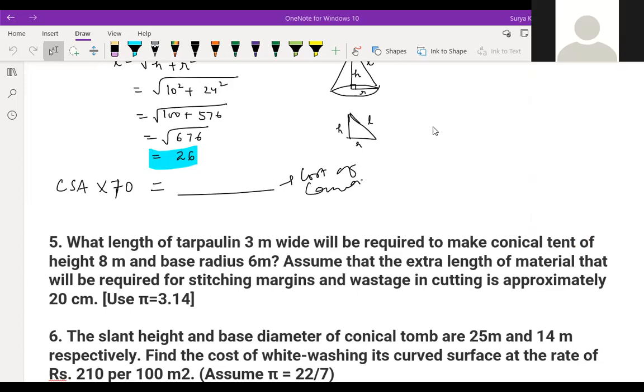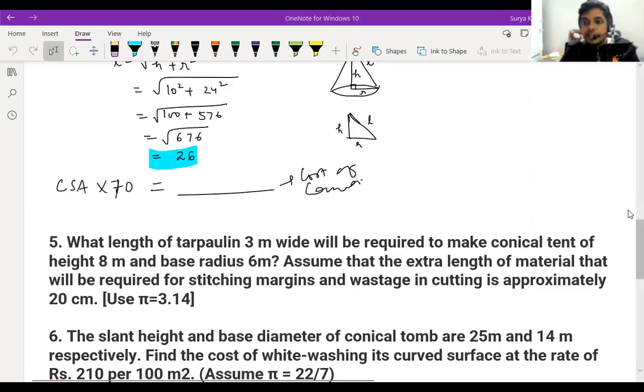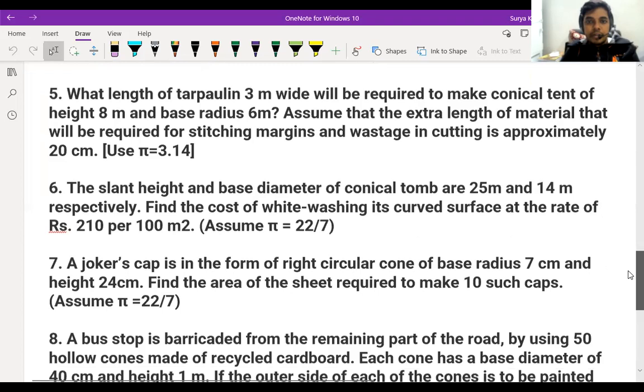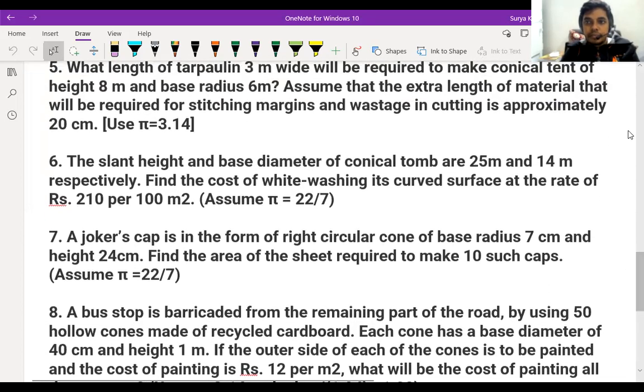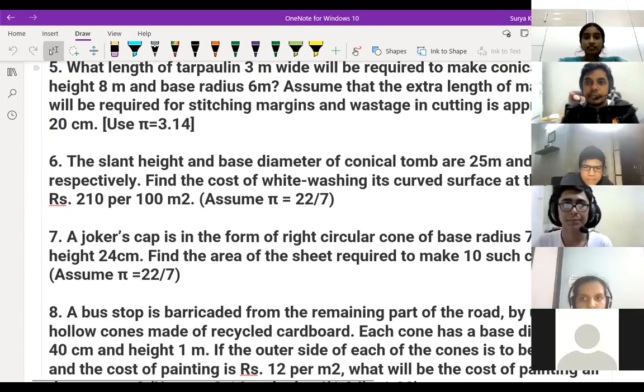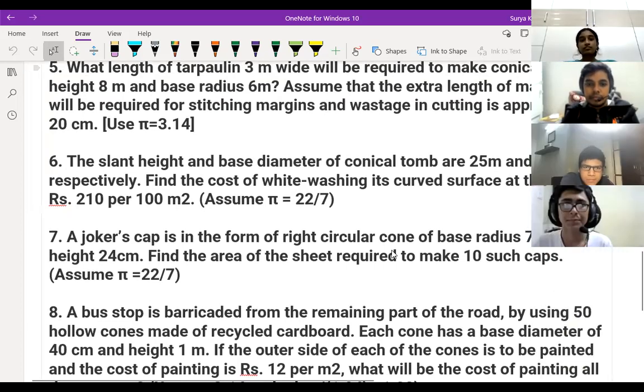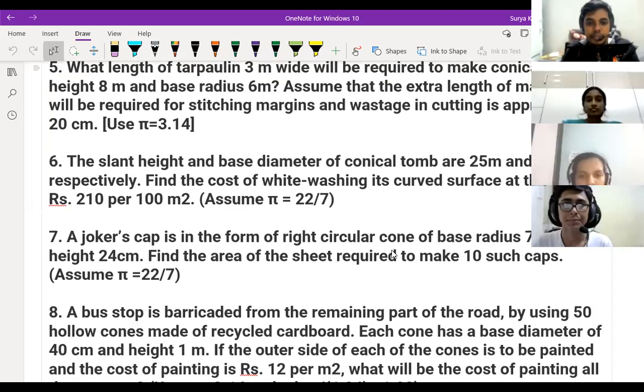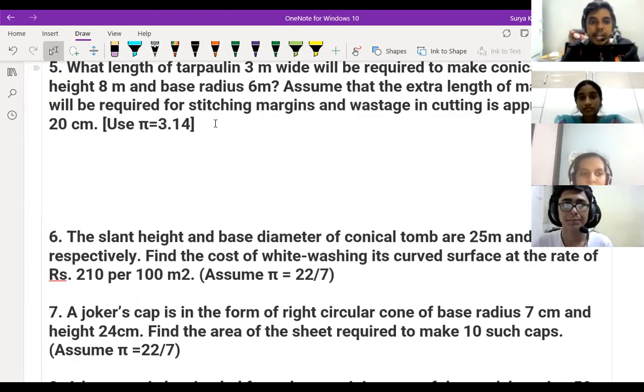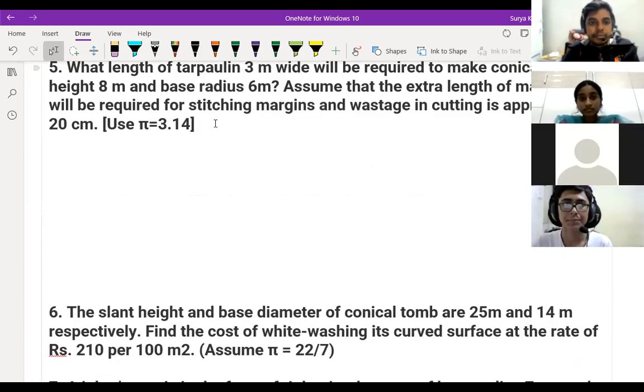All right. So see, children, the next question is: what is the length of tarpaulin, 3 meters wide, that will be required to make a conical tent of height 8 meters and base radius 6 meters?